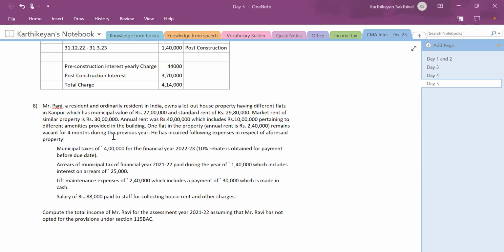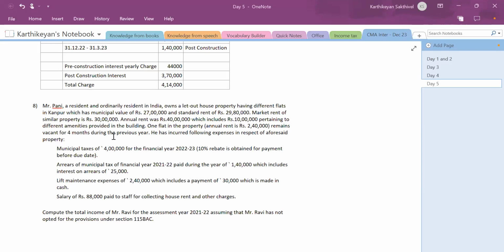Mr. Pani, a resident and ordinarily resident in India, owns a let-out house property having different flats in Kanpur, which has municipal value of rupees 27 lakh and standard rent of rupees 29 lakh 80,000. Market rent of similar property is rupees 30 lakh. Annual rent was rupees 40 lakh, which includes rupees 10 lakh pertaining to different amenities provided in the building. One flat in the property, annual rent is rupees 2,40,000, remains vacant for 4 months during the previous year. He has incurred the following expenses in respect of the aforesaid property.